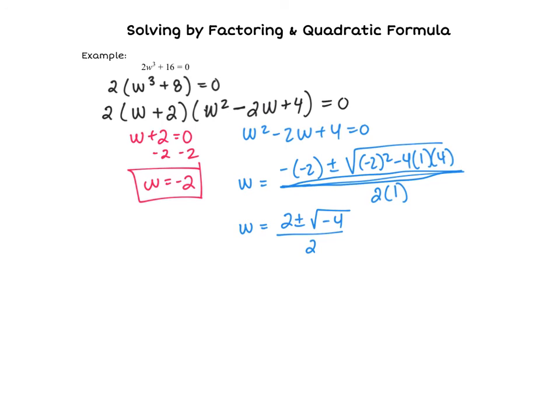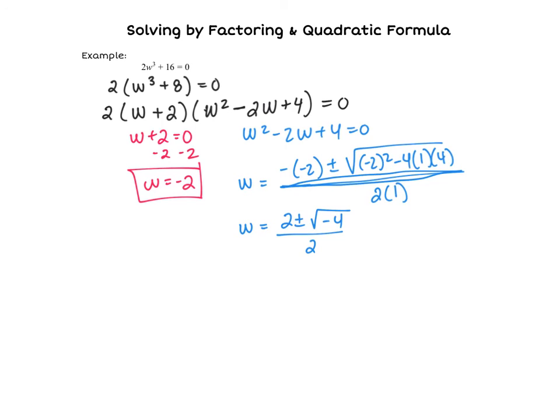Now that means I'm going to have imaginary numbers. So if I was to graph this to check, I would only see w equals negative 2. That's the only one I would see as a solution or an x-intercept. So both of these are going to be imaginary solutions, but I'm still going to have 3 answers to my original problem.